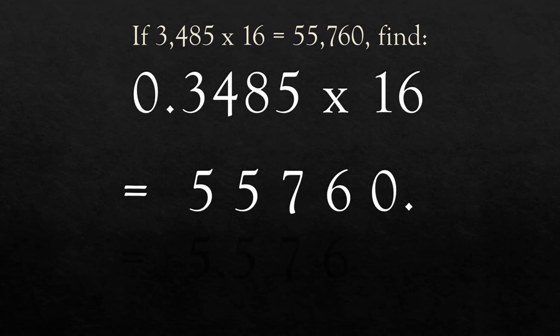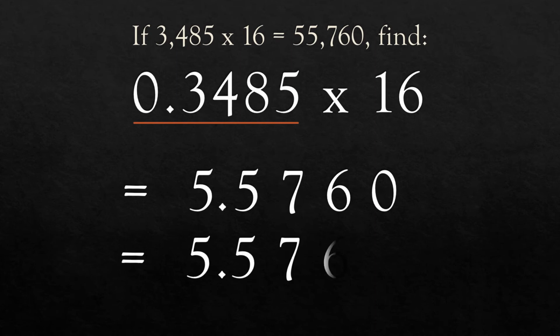But the position of the decimal point is changed. Now tell me, how many digits after decimal in 0.3485? Yes, 4. So count 4 digits from the right. 1, 2, 3, 4. And place the decimal in the product. So the answer is 5.5760. That is 5.576.